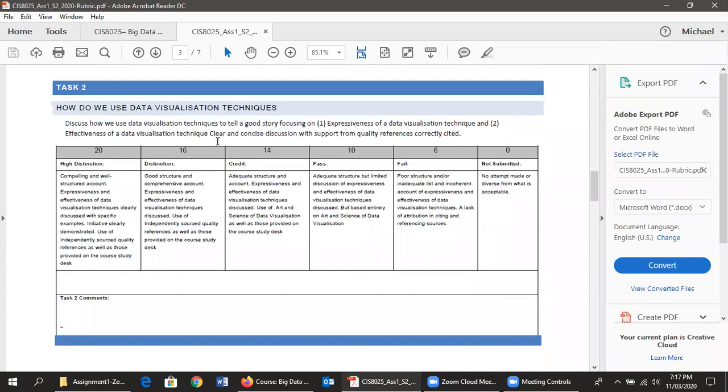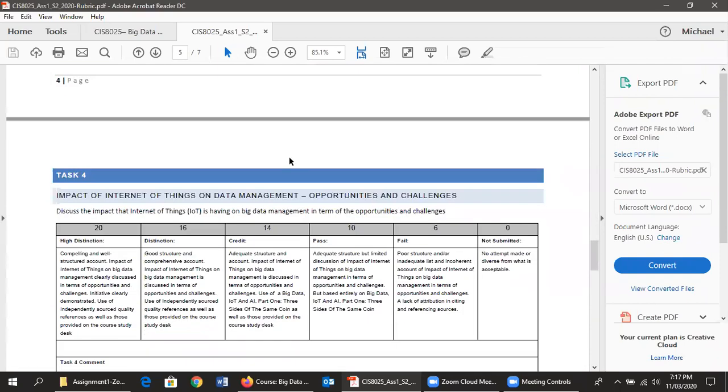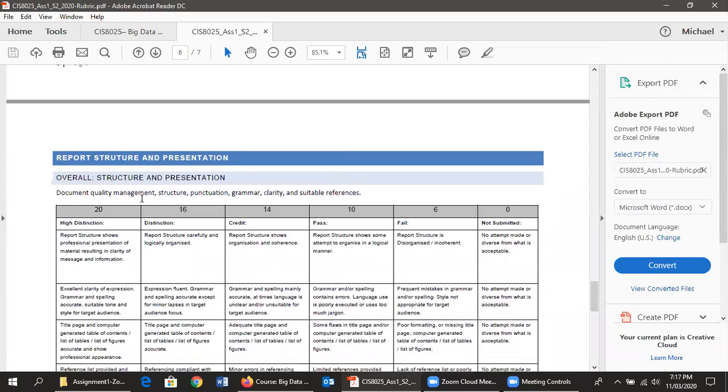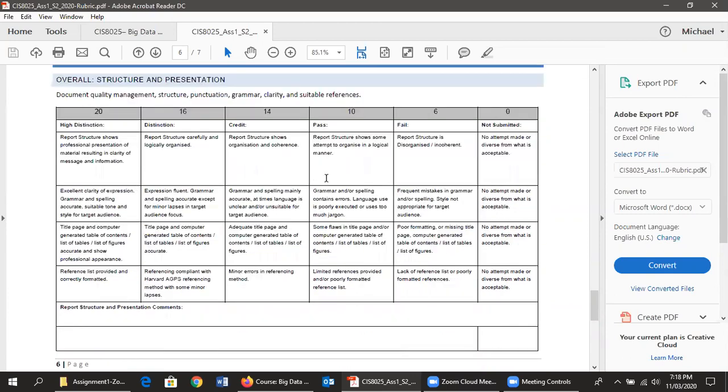So we've got these rubrics for each of those tasks: how we use data visualization techniques; the role of cloud computing in big data management and data visualization; the impact of the Internet of Things on big data management, and opportunities and challenges; and then report structure and presentation, which covers the structure, presentation, quality of writing, and referencing we're looking for.